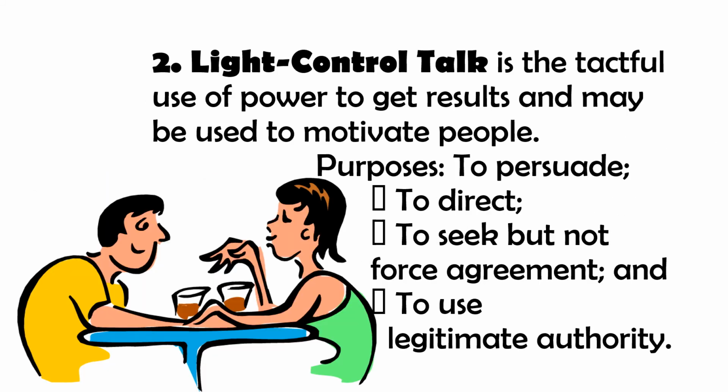Number 2, light control talk, is a tactful use of power to get results and may be used to motivate people. The purposes of this are to persuade, to direct, to seek but not force agreement, and to use legitimate authority.